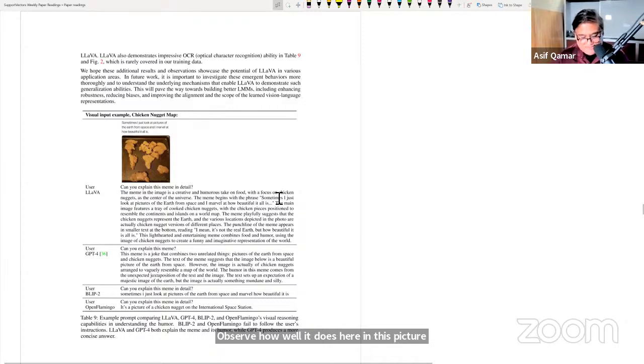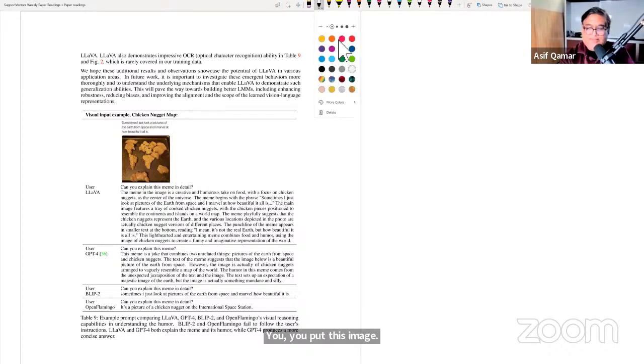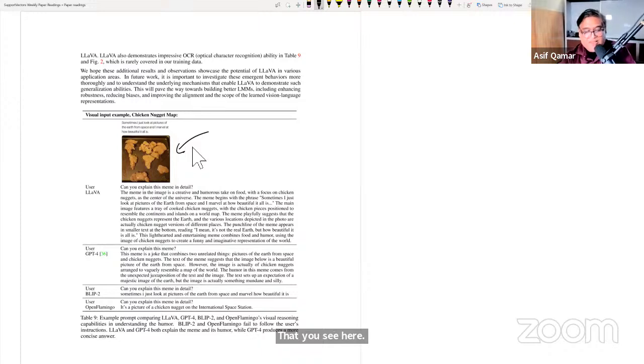Comparing LLaVA, GPT-4 and how well it does against the competitors. As you know, GPT-4, at the time of the writing of this paper, which was last year, was the state-of-the-art model. You put this image that you see here, and you ask, can you explain this meme in detail?